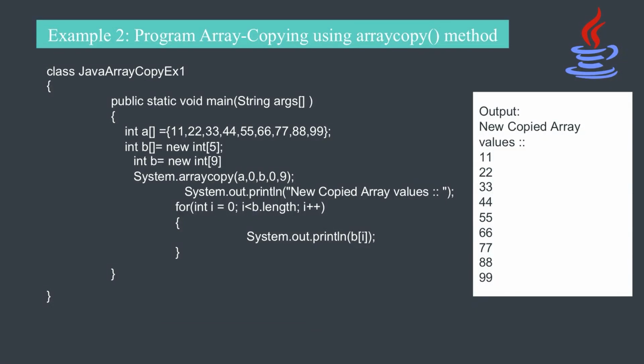Now I am changing the size of array B. So B is int of 9; previously it was only 5 elements, and the size is now 9 elements. System.arraycopy: first the source array is A, start from 0th index, which in array A is 11.